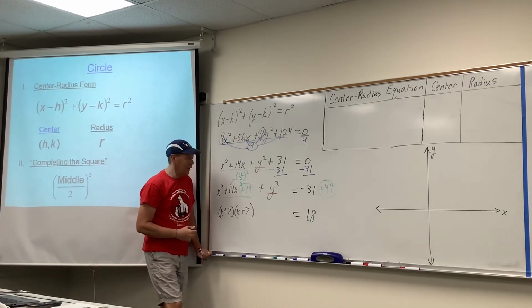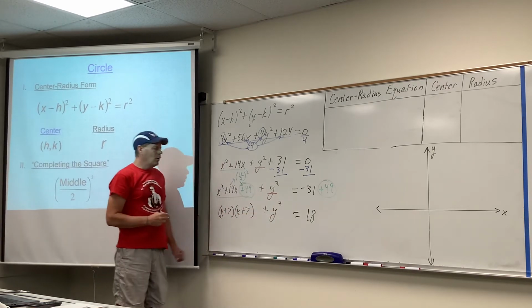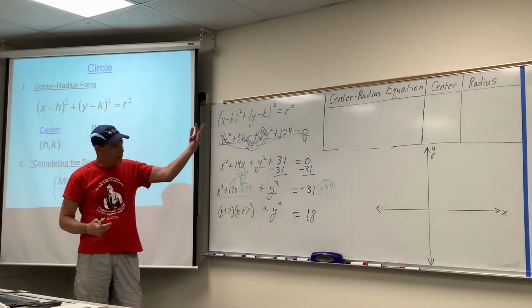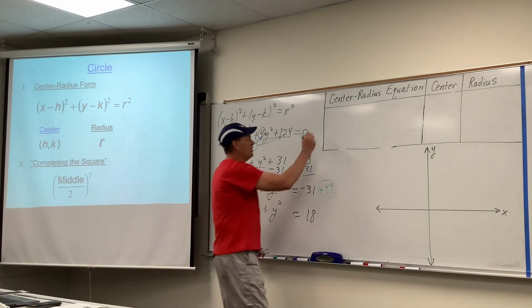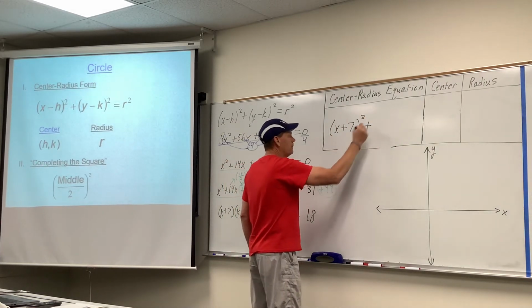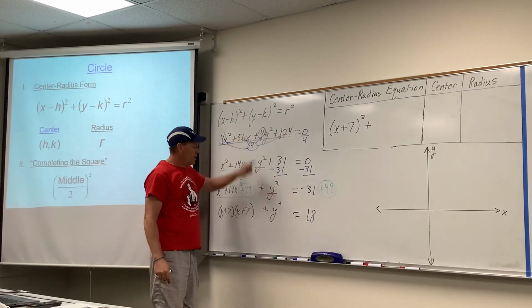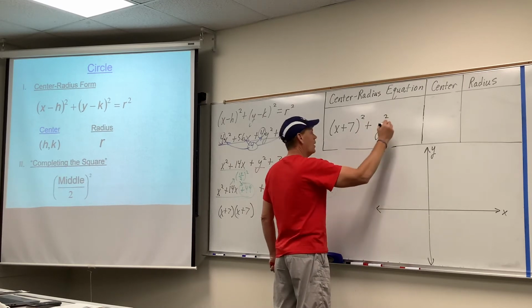As far as the y, that's just going to remain y squared. Now let's pretty it up and put it in the answer. Expression squared, x plus 7, quantity squared, plus y squared equals 18. That should be comparable to the center radius form.